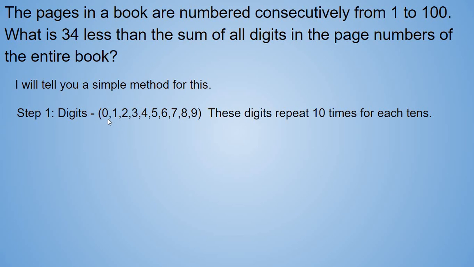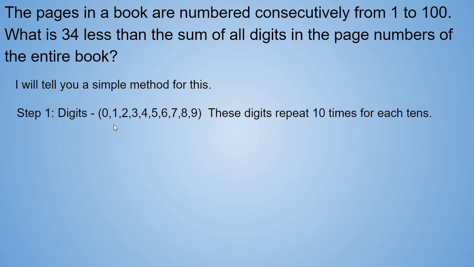Right now we're figuring out if the digit is repeating in the ones digit of the page number, okay? Not the tens, not the hundreds, just the ones digit right now. And if you count all these numbers, they repeat 10 times in the ones digit of each 10.